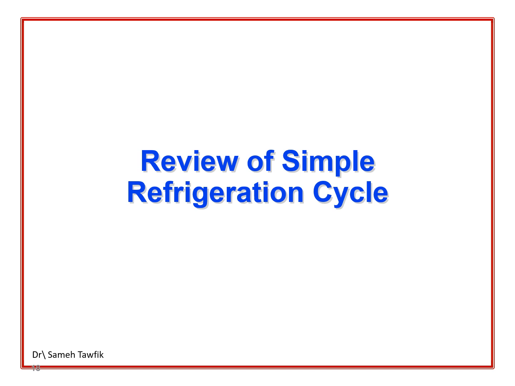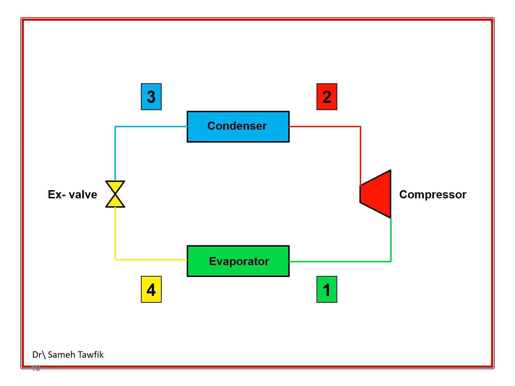Review of simple refrigeration cycle. This image provides a schematic representation of the basic components in a simple refrigeration cycle. The key elements are clearly labeled: the condenser, evaporator, and the numbered connections indicating the flow of refrigerant through the system.